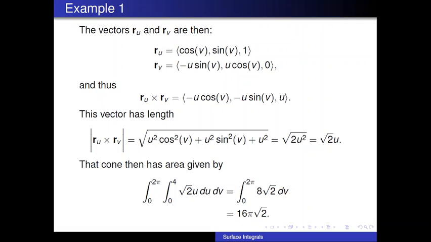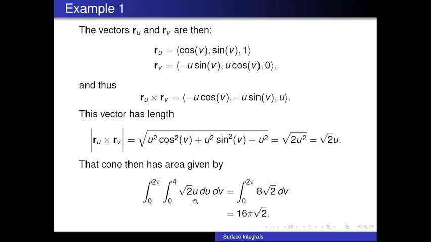Now that we've got all the essential data, the surface area of that cone is given to us by the double integral over the disk of radius 4 in the xy plane, centered at the origin. In polar coordinates, that integral is from 0 to 2 pi in v land, and from 0 to 4 in u land.